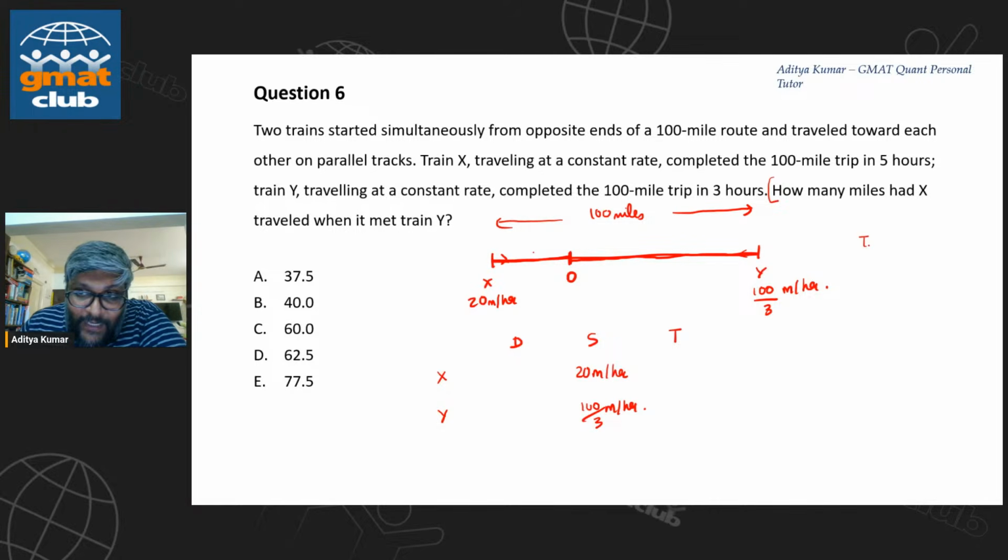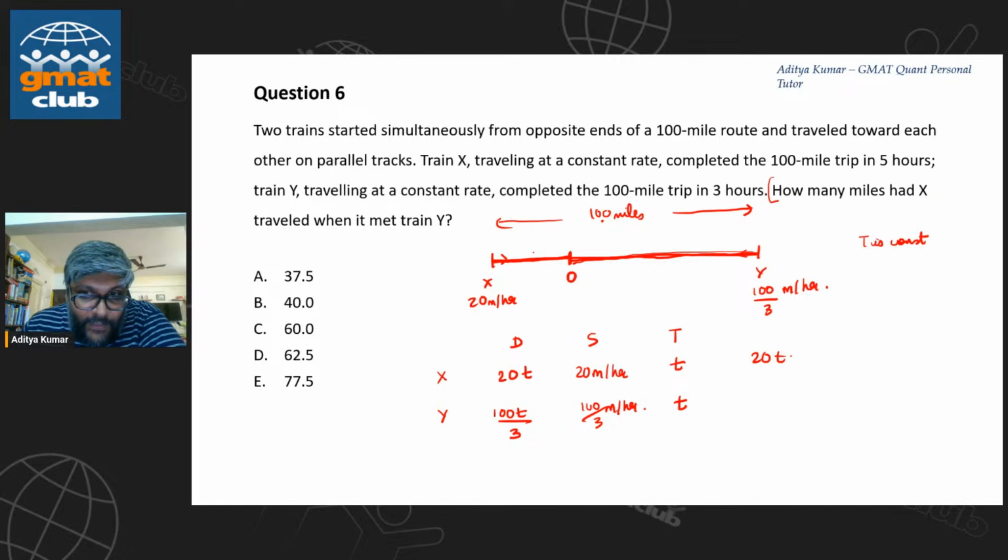So I know the time here is constant. So I can call the time T in both cases. I can find the distance: that will be 20T, and this would be 100T by 3. And I know the distance traveled by X plus the distance traveled by Y should be 100 miles.